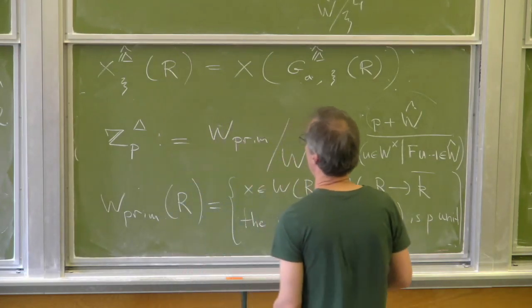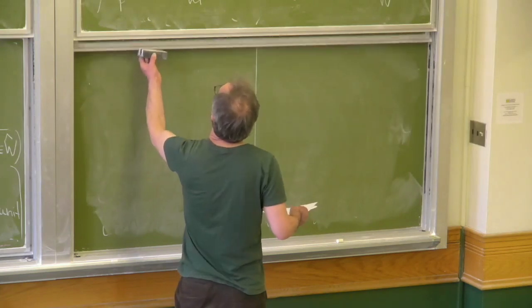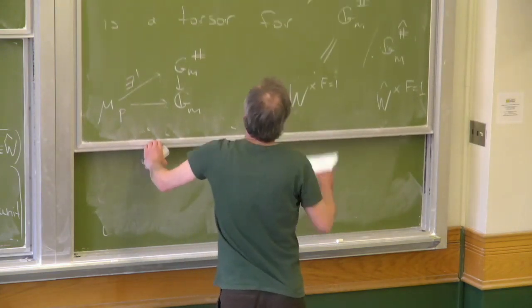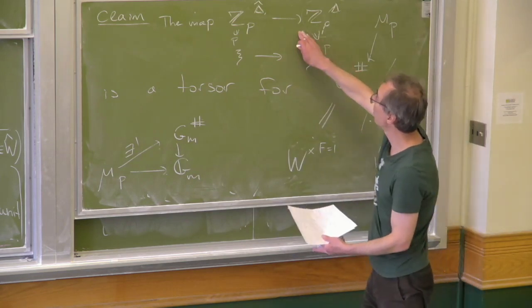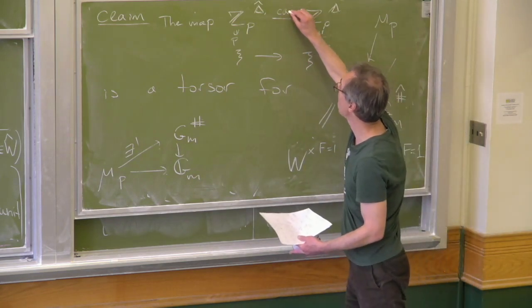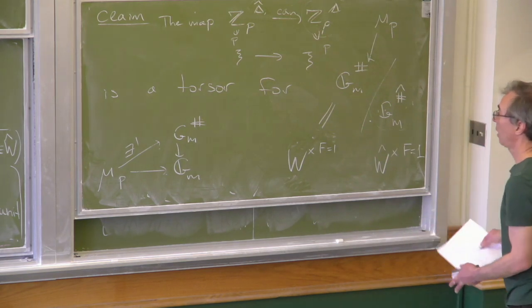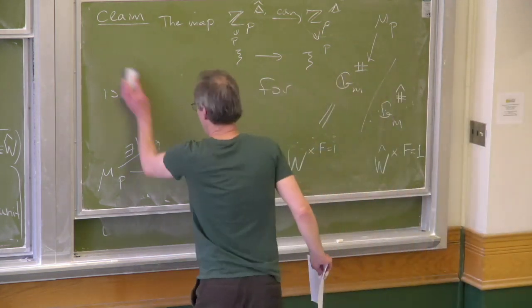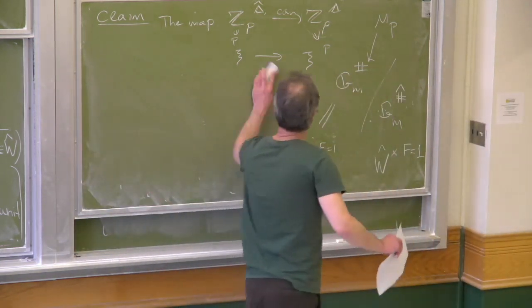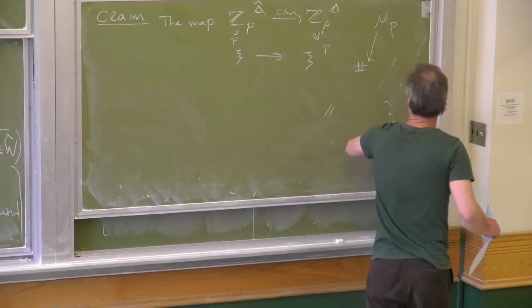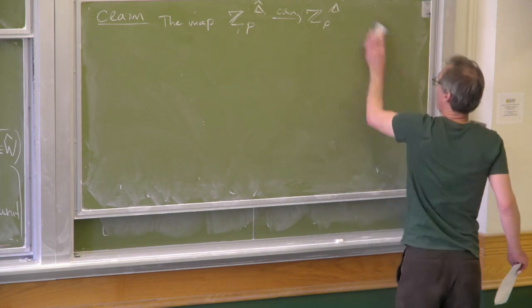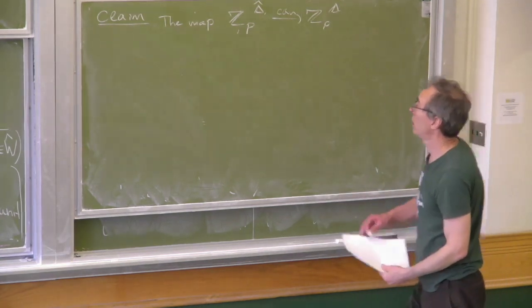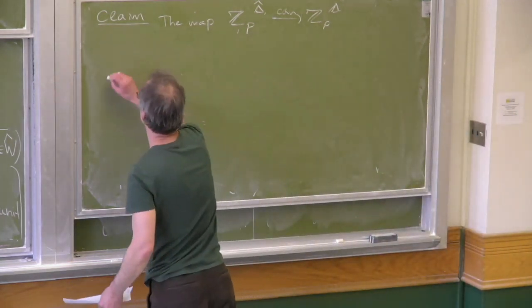We want to observe that we have this map. Let's call it the canonical map. But now we also want to observe that we have a map in the other direction.